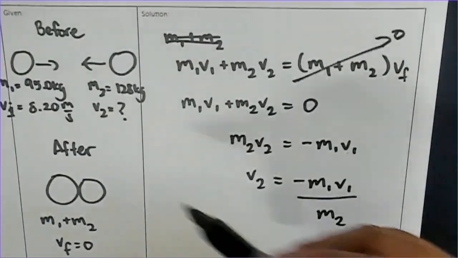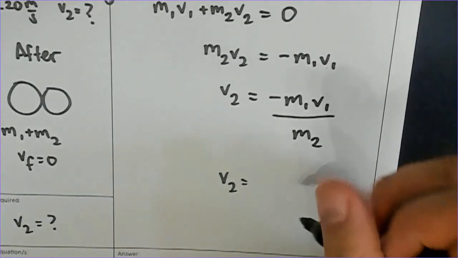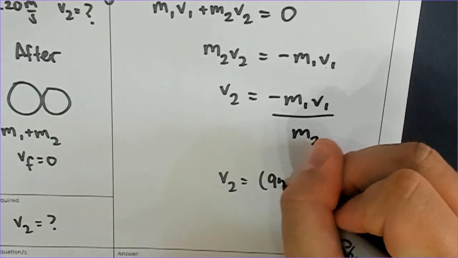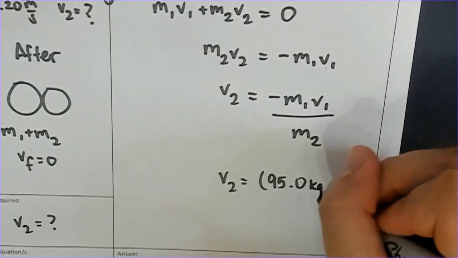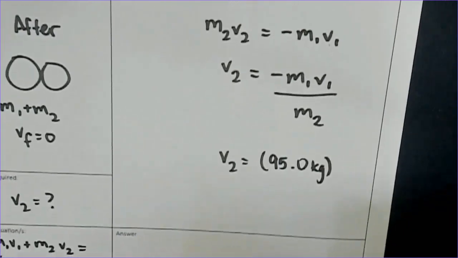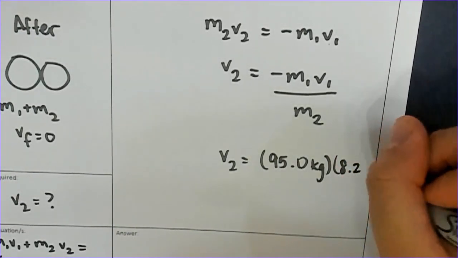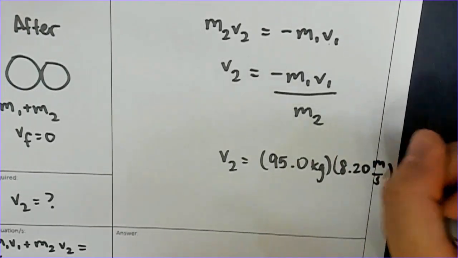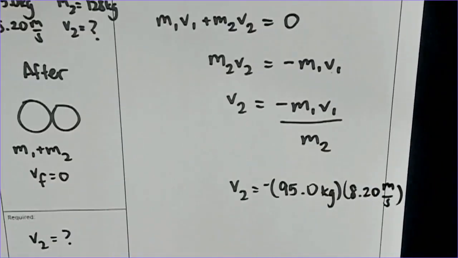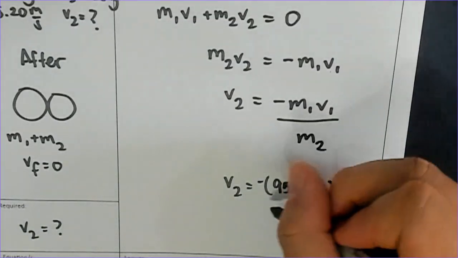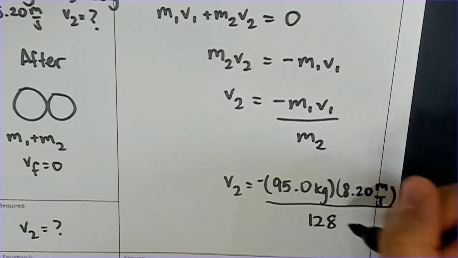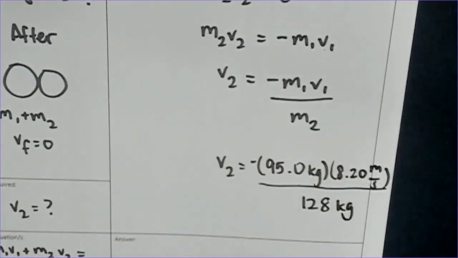Okay, so let's do it. There's a negative, but M1 is 95 kilograms, times the velocity 8.20 meters per second, but negative, all over M2, which is 128 kilograms.